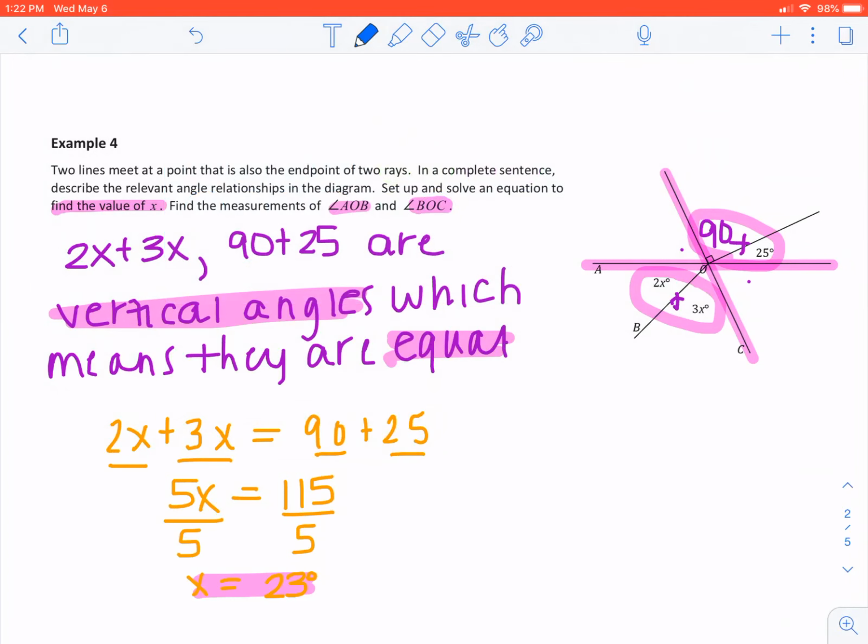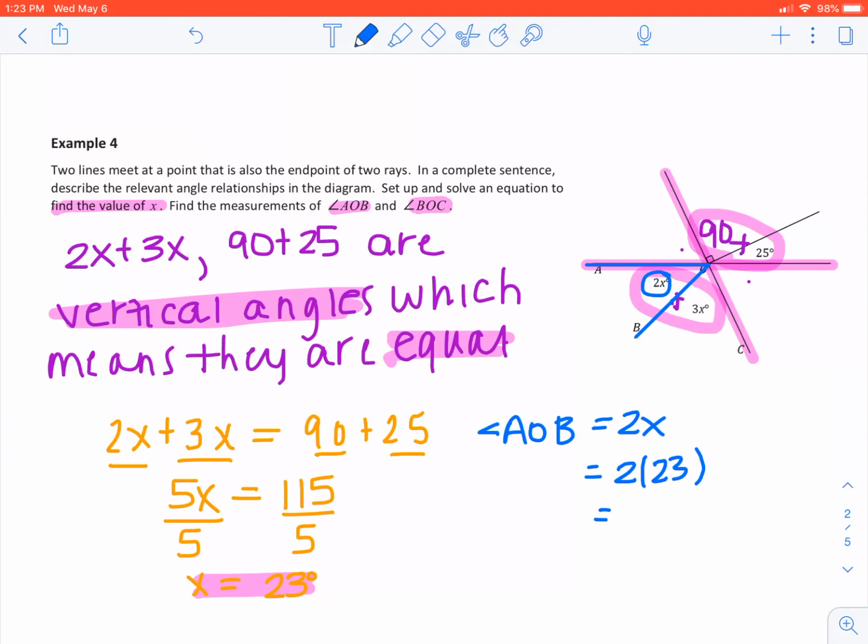So let me do that here. We have angle AOB. So angle AOB, I'm just going to trace that real quick. Angle AOB is this angle right here. So you can see inside it says 2x. So 2 times x. Now x we saw is 23, so we're just going to substitute that in. And then I'm going to multiply it in my calculator.